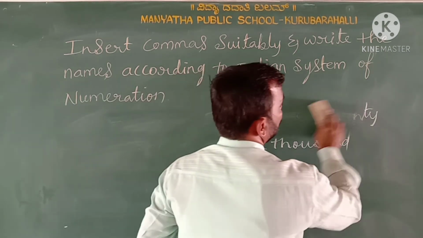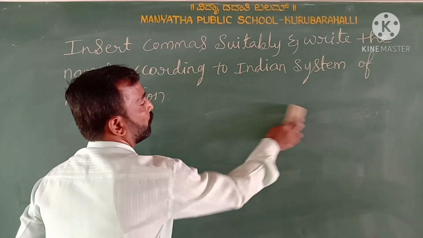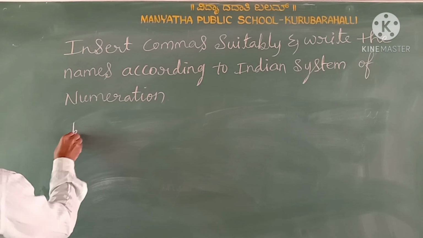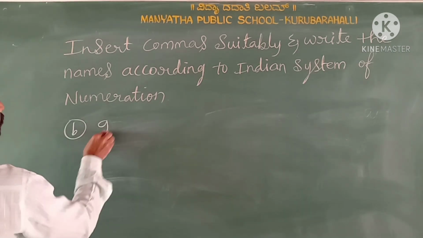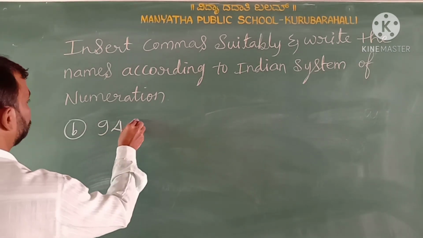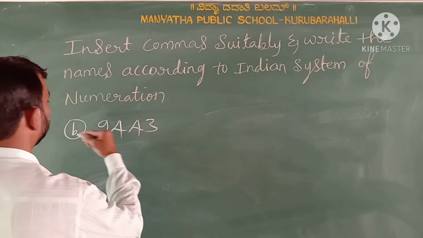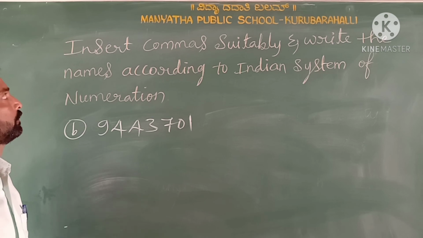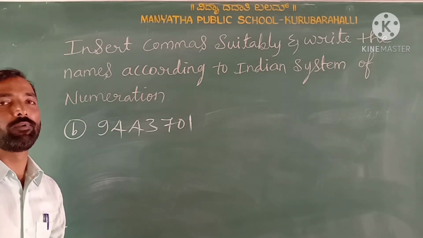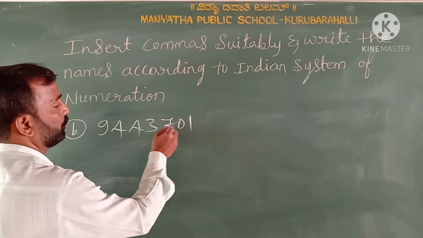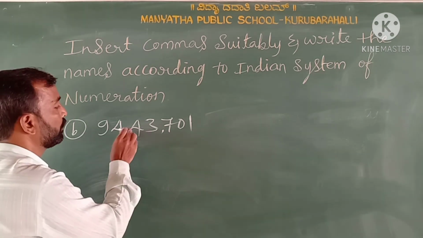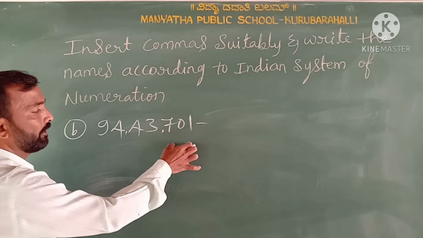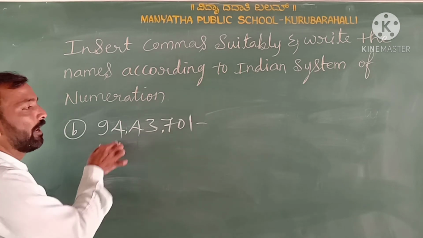The next one. See, same main problem, but I will take another example. See, just take as B. Like this. Now, insert commas suitably. Here, 1, 2, 3. Next, for every 2 digits. That's all. Now, it is units, thousands, lakhs only.